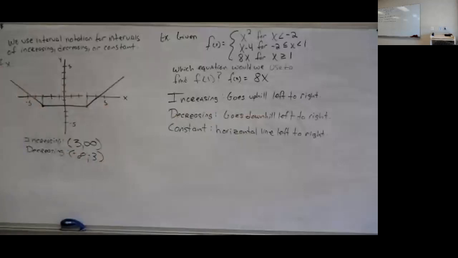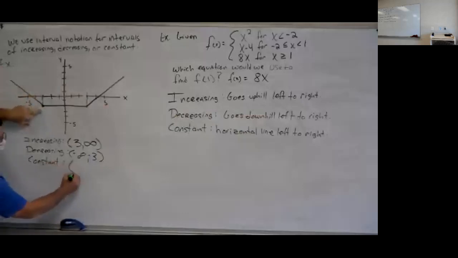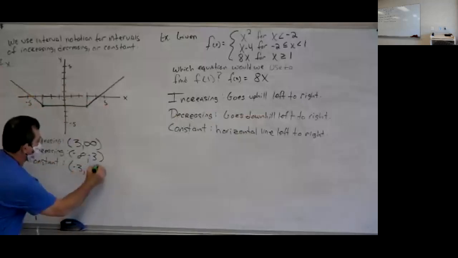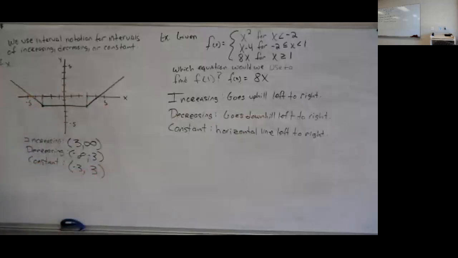And then the last one would be the constant section. Constant is my flat part of my graph, or it looks like a horizontal line. So it starts going horizontal over here at x value of -3. And it stays horizontal until I get to this x value of +3.